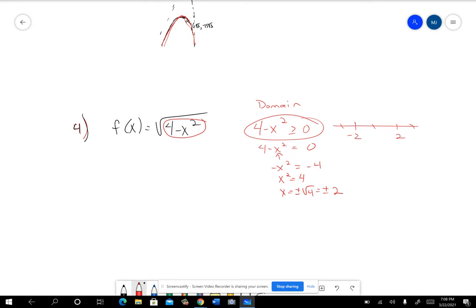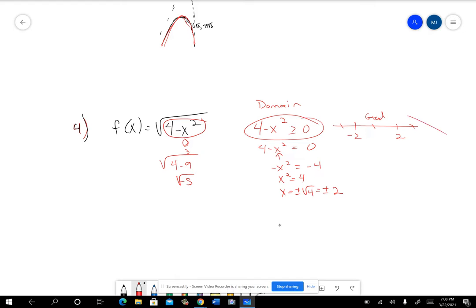If you plug in a 0 for x, you're good. So that turns out good. This is fine. But when you plug in like a 3 for the x, do you see what's going to happen? You'll get 4 minus 9 under the radical, so you get a negative number.